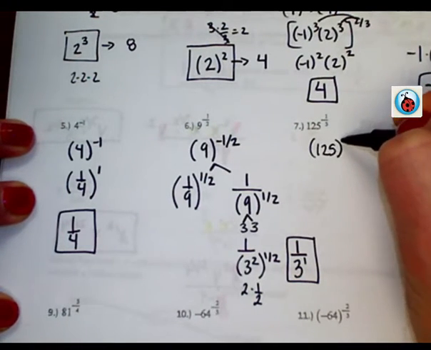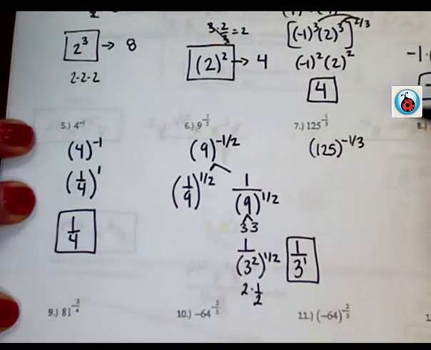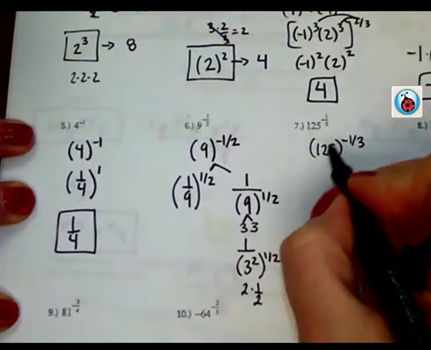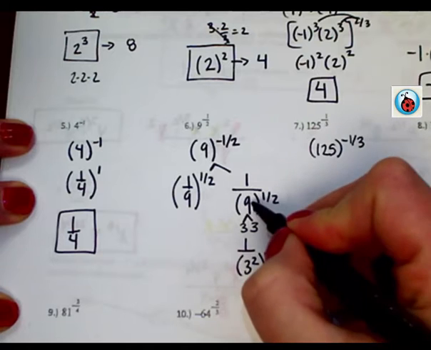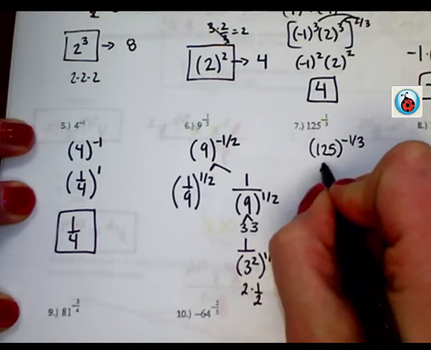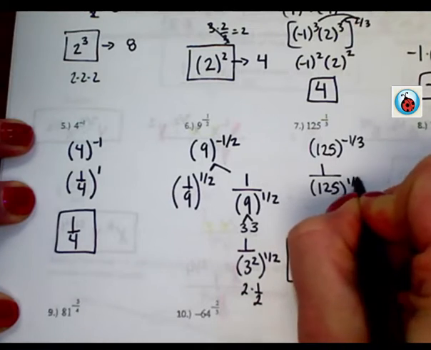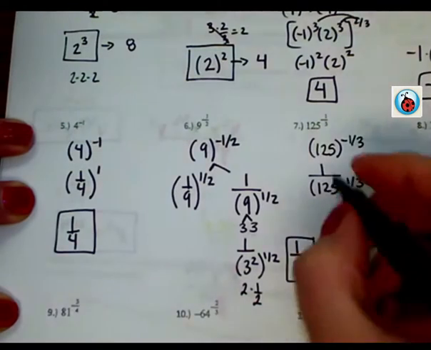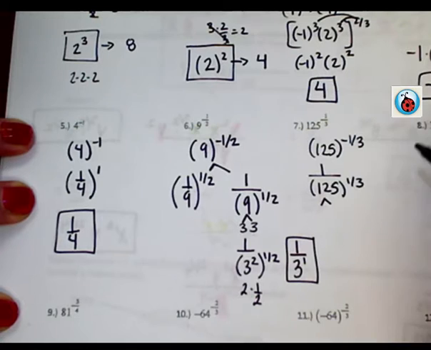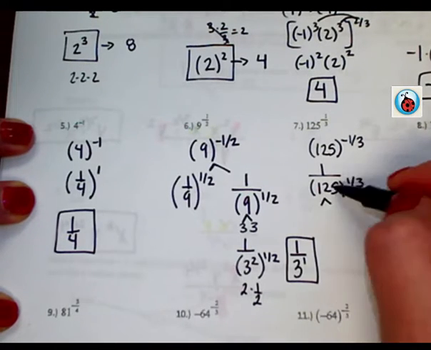125 to the negative 1/3. Okay, so I'm going to do this the second way like I did here. Okay, 1 over 125 to the positive 1/3. Factor tree. Okay, so I know that 5 squared is 25. 25 times 5 is 125.